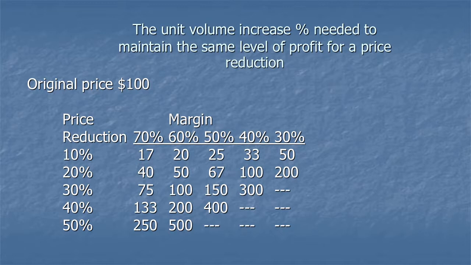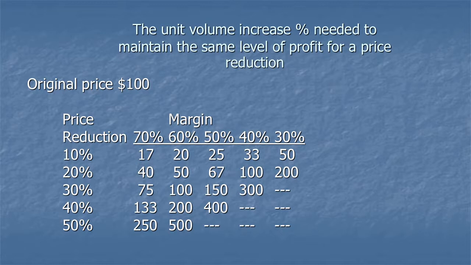So for instance, I sell a product for $100 and it only costs me $30 to make it. All right, so I would be getting a 70% margin on that product. If I reduce the price by even 30%, I would have to get 75% more sales than the original amount just to maintain the same level of profit.